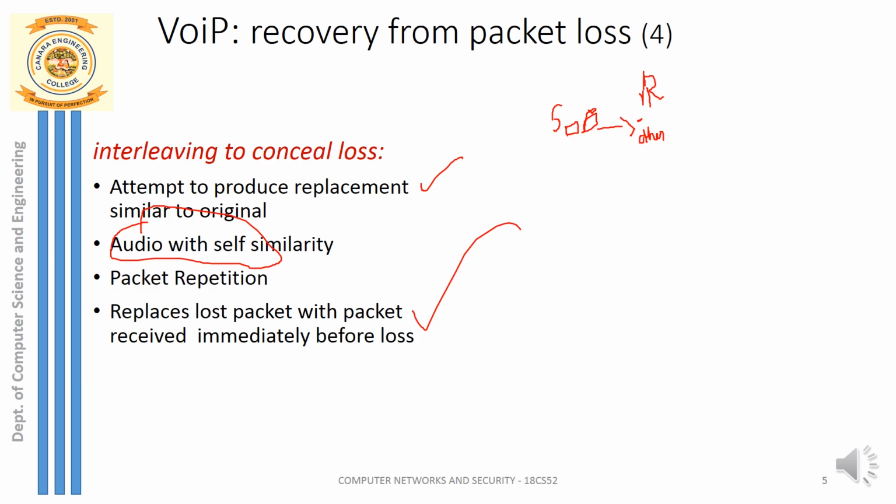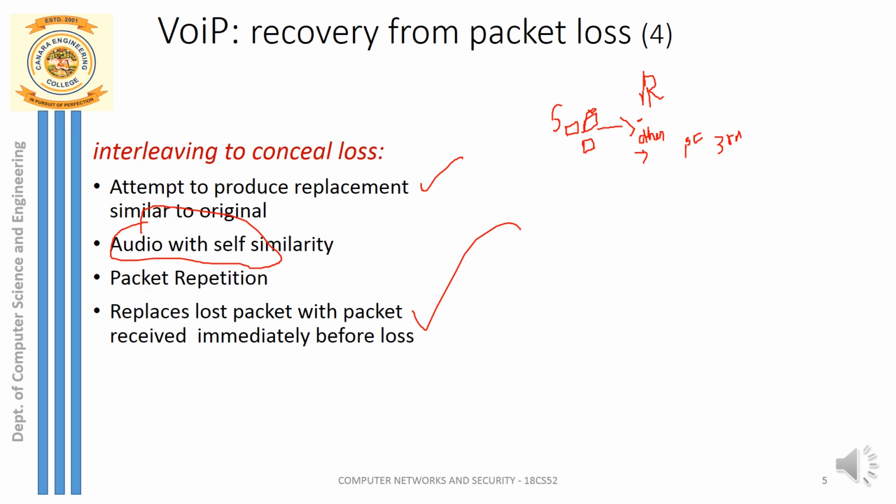So the receiver can go with a strategy. What is it? The receiver can replace the lost packet. Suppose the sender is sending 3 chunks as one audio. Whenever the receiver receives, maybe the first chunk he is receiving, and then the second chunk he's not receiving because it is lost, and then what he receives is the third chunk.